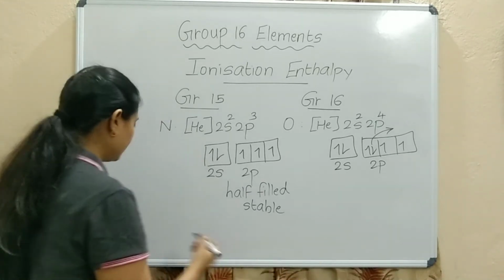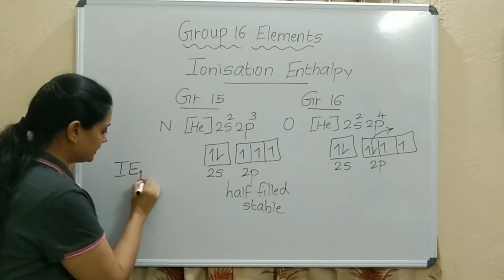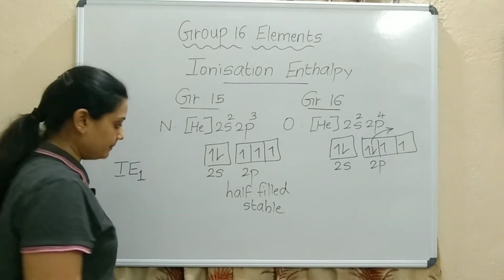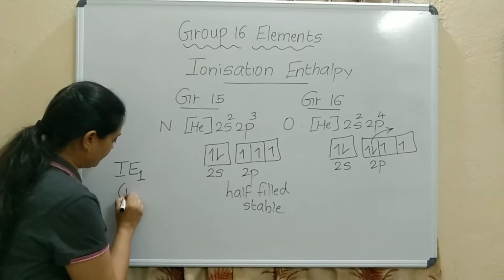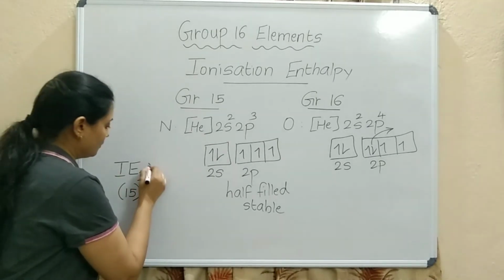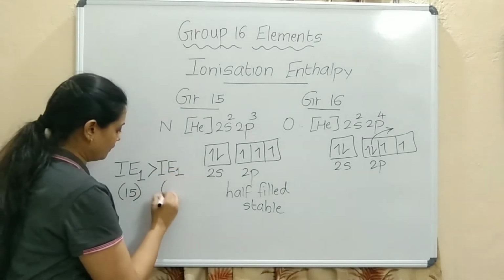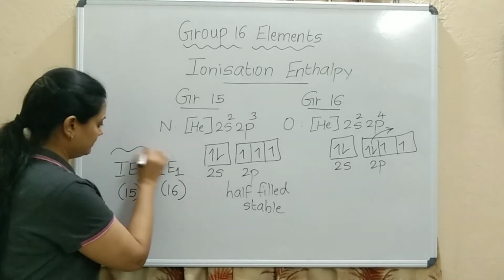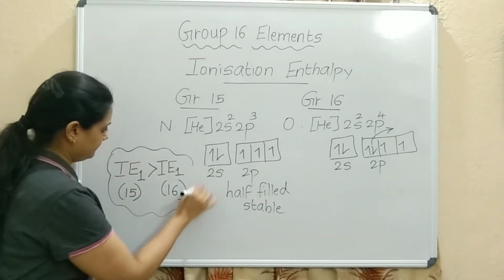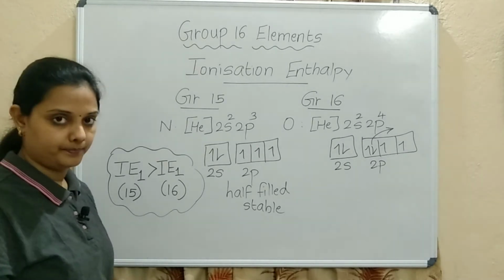So we can write that the first ionization enthalpy of group number 15 is more than the first ionization enthalpy of group number 16. We are talking of the first ionization enthalpy.